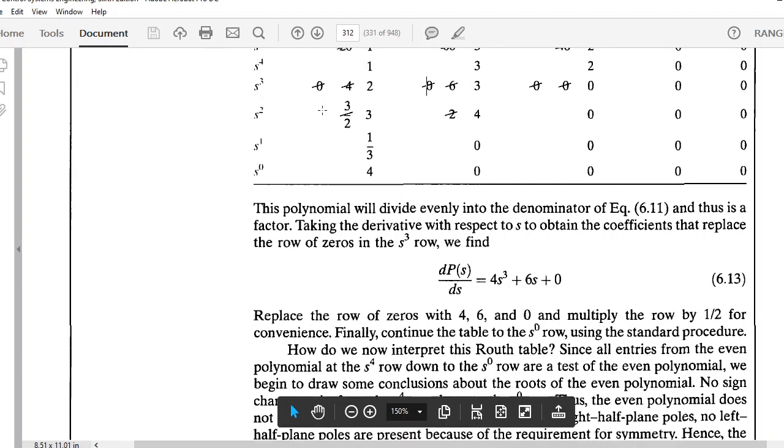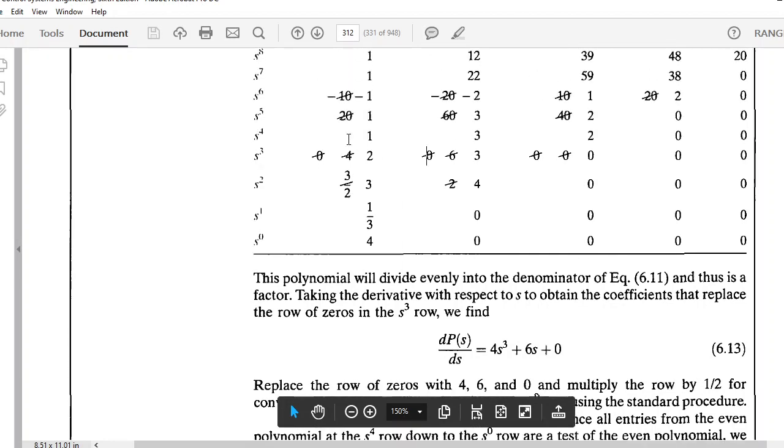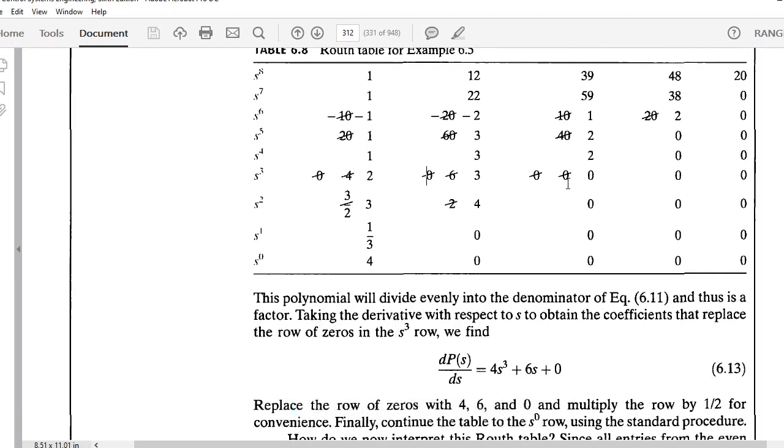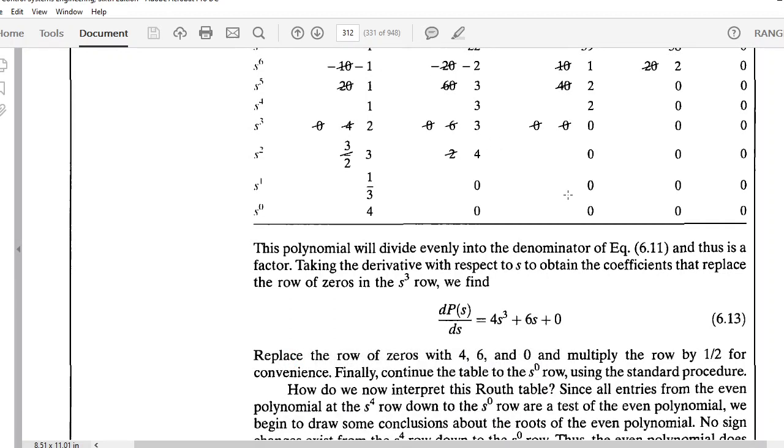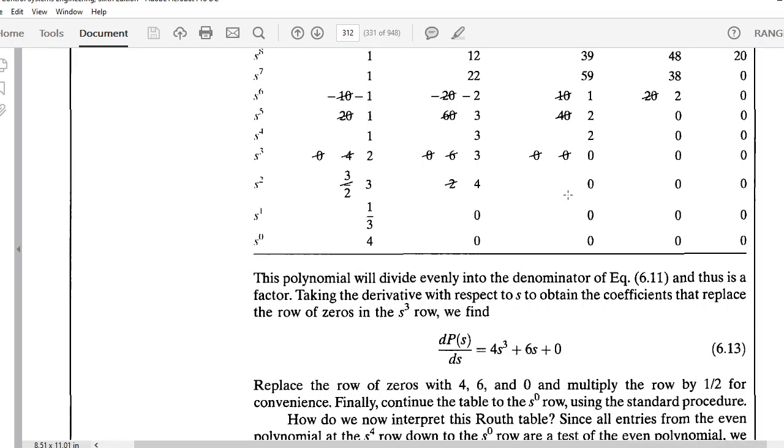Now you put that back into your Routh table as they've done here, right? Now how do we interpret the Routh table? So we basically split the Routh table into two halves, right? So there is something that happens before the row of zeros and something that happens after the row of zeros.